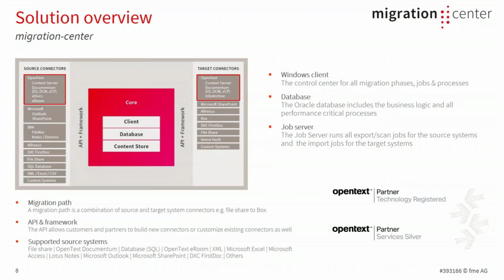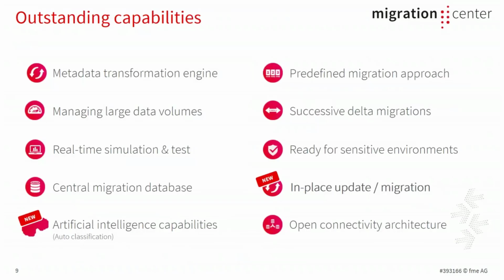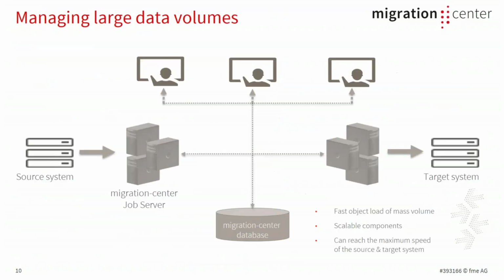Okay, to speak about some capabilities, especially for this in-place update migration. Migration Center in general is built for large data volumes. So you really use the Migration Center, scale it up with the job servers, and then you normally reach the maximum performance of the corresponding platforms.